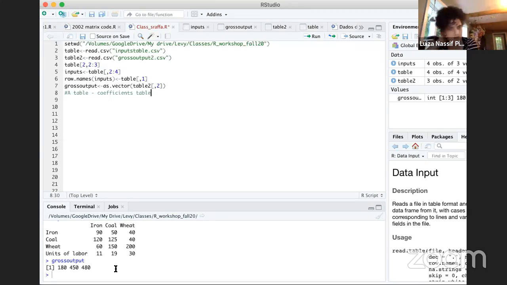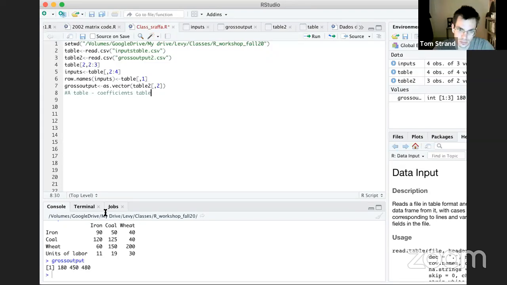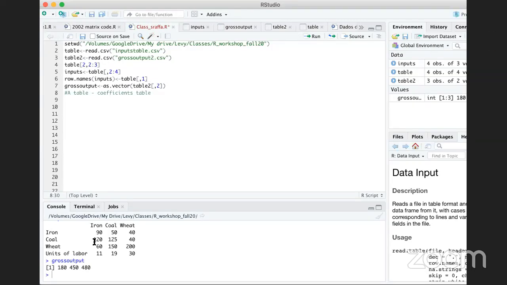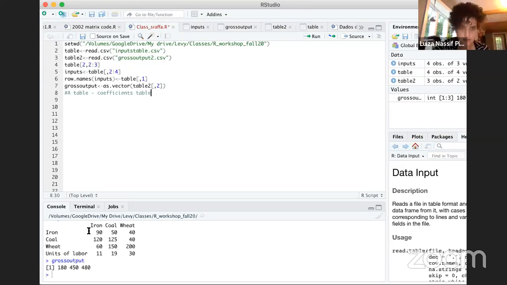Anyone want to tell me what steps we need to take to create an A table out of those two? We divide the total output quantity into the components of the input table so that we get a per unit requirement measure. Per unit requirement method, exactly.